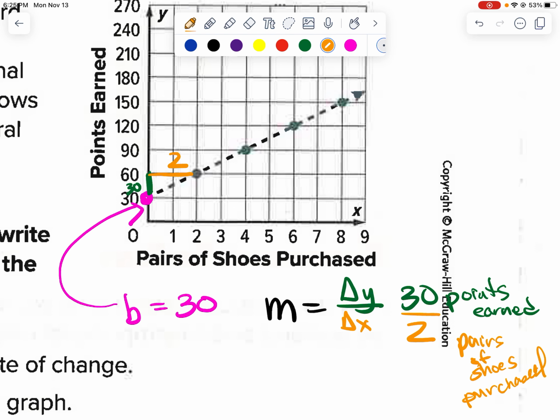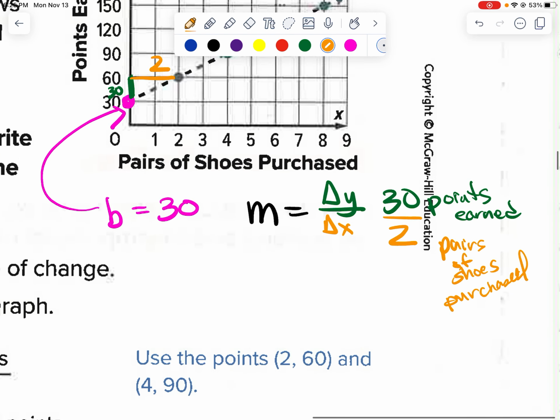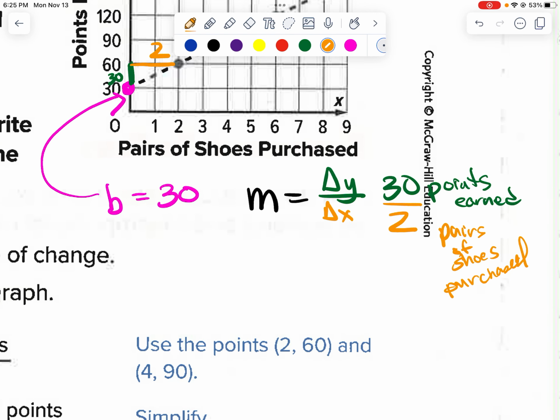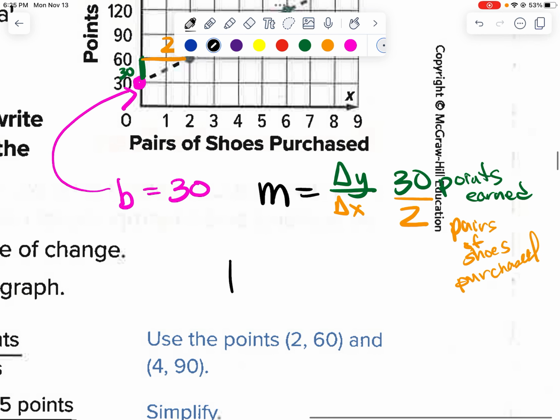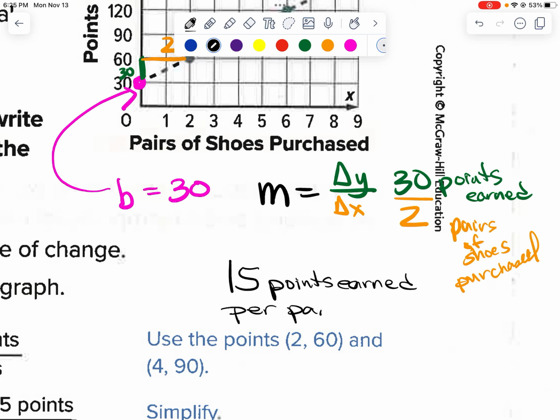If I simplify that fraction, I get 15 points earned per pair of shoes purchased.